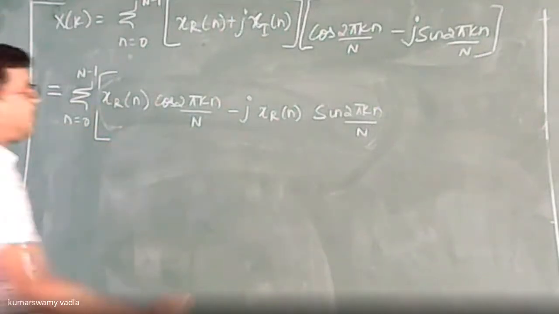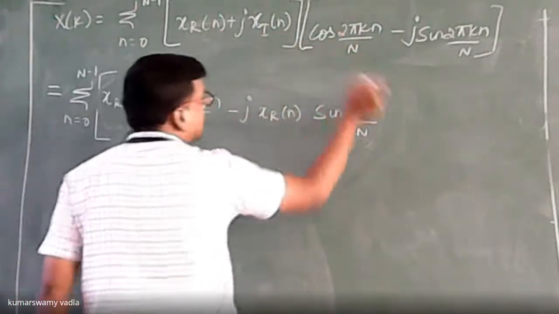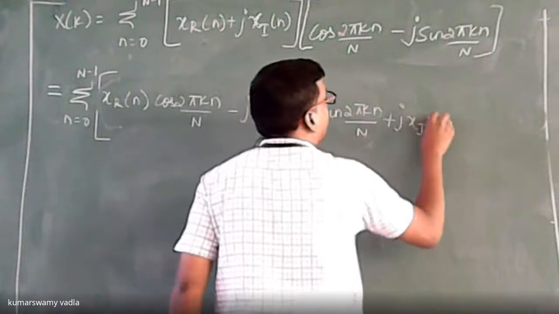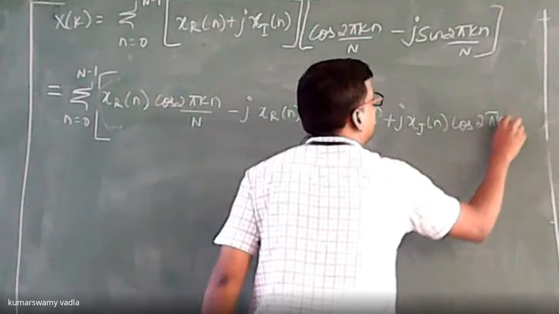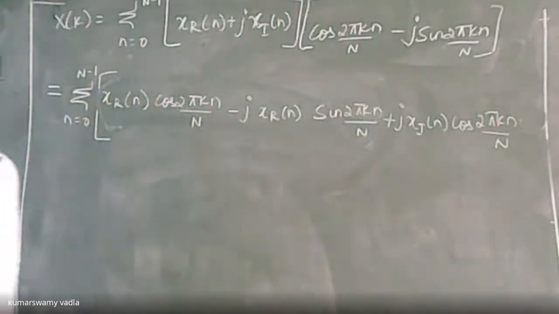Now, next point is plus this term with this: plus j xi of n cos 2 pi k n divided by N. Okay, is the point clear?